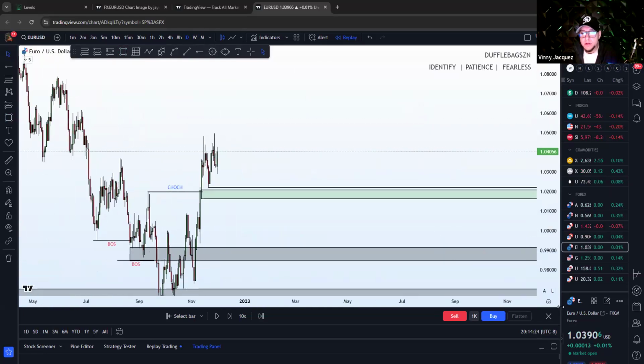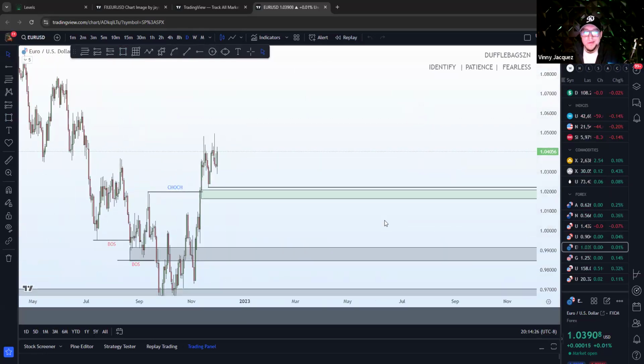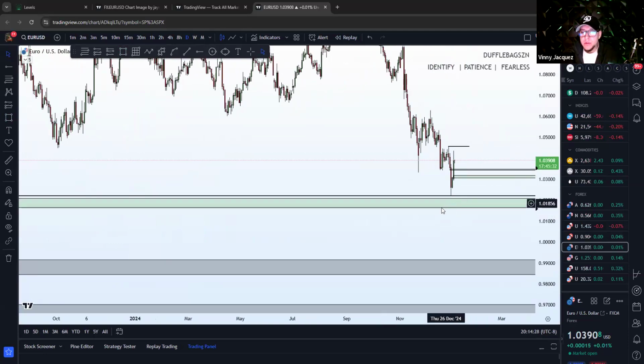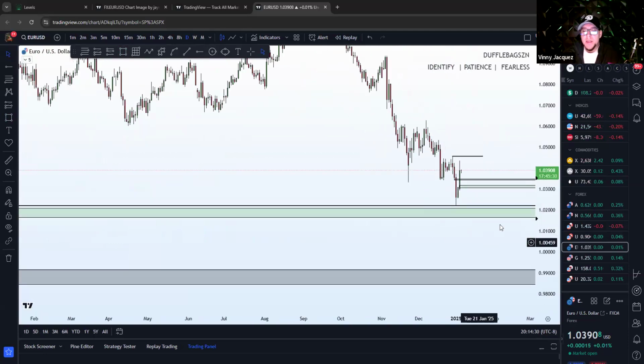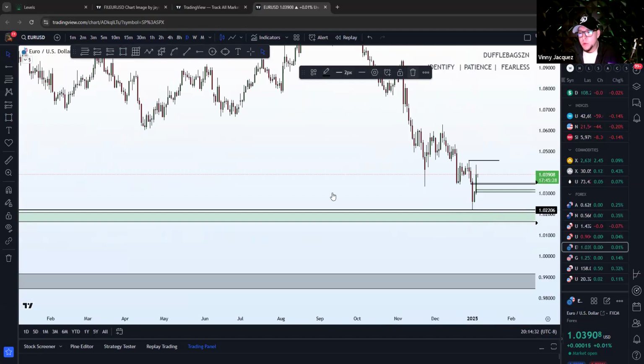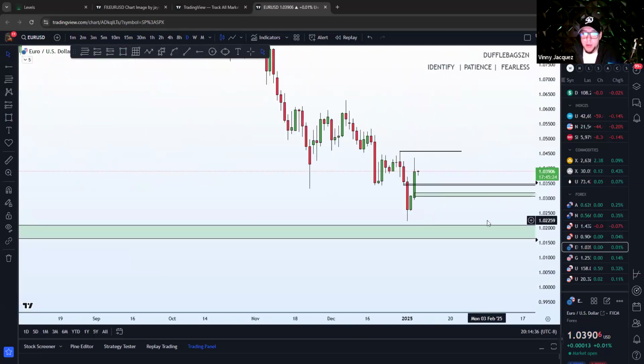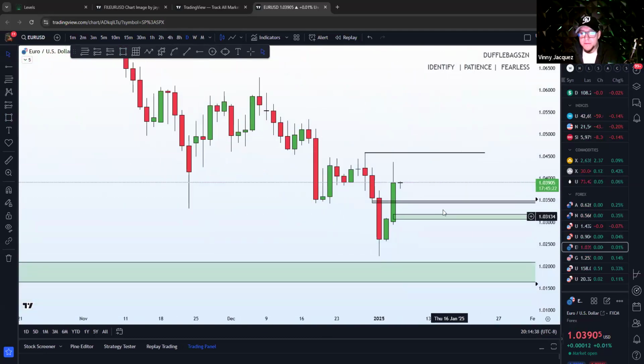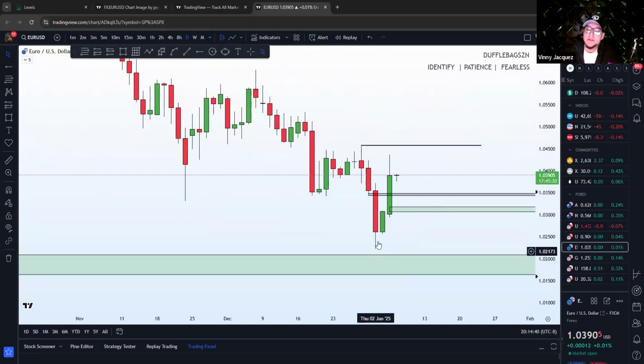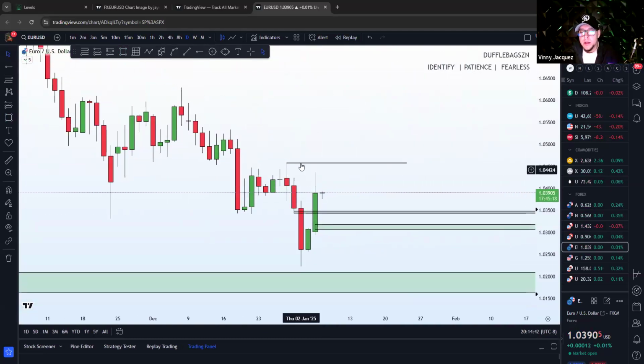So yeah, it was just shy. And that happens, sometimes that happens. We have projected buy zones and sell zones, and things like this happen. But to be honest, that's very, very close and very, very tight.